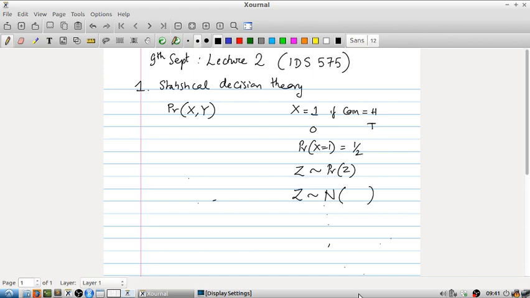In the discrete case, the distribution is parameterized by the number 1/2, which tells us the probability of heads. Similarly, the distribution for this random variable, a normal distribution, is parameterized by a mean and a variance. So two parameters, mean and variance, completely characterize the distribution.